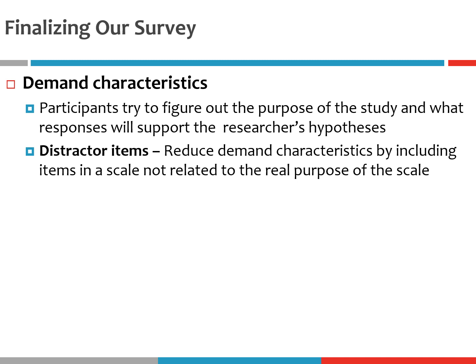So one way that I do this, besides distractor items, which I think are useful, these are like the items in the scale that are kind of bogus items that are measuring something unrelated, just to throw the person off. You don't count them. Those are distractor items. What I do with my surveys a lot of times is I don't write the name of the surveys at the top. So if I wrote at the top of the survey depression scale, you would know what's going on and that would bias your response.